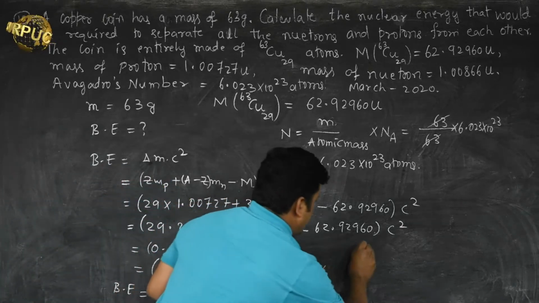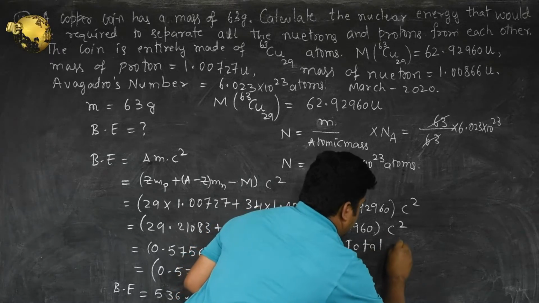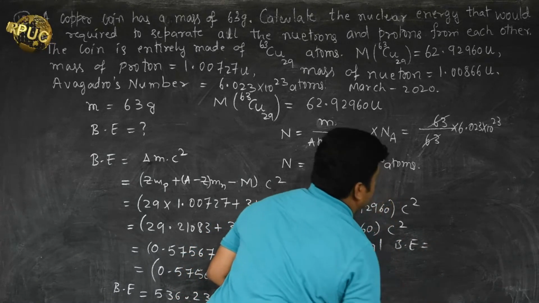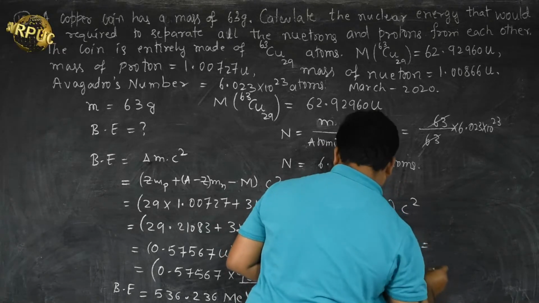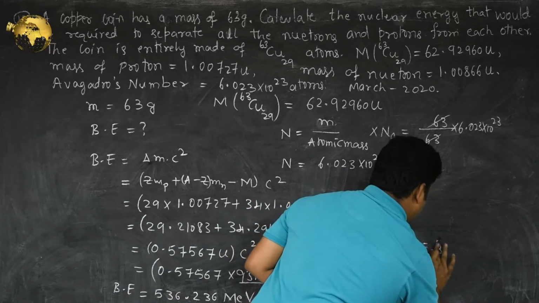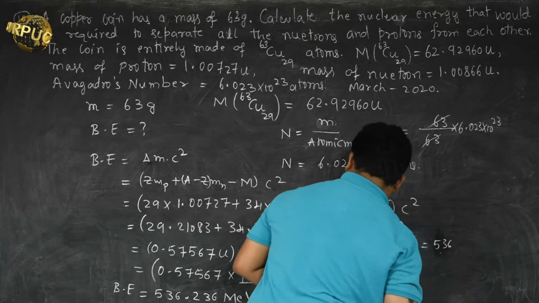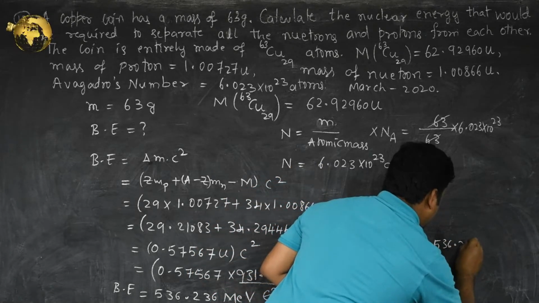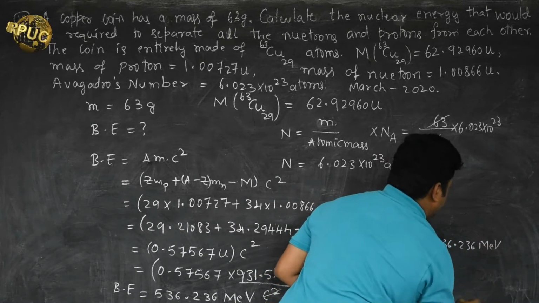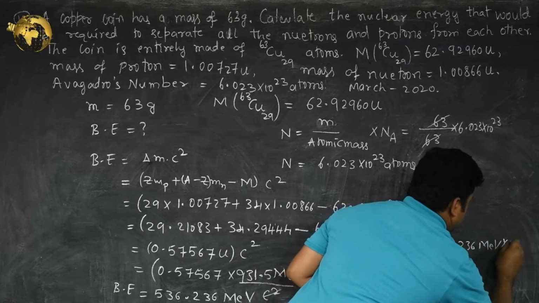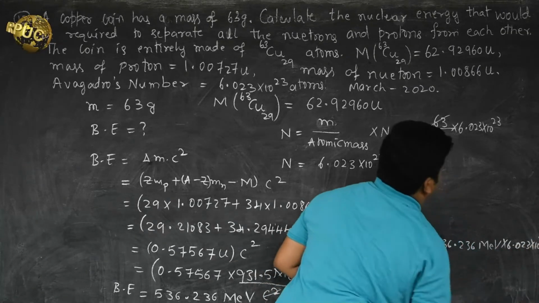I write here, total binding energy is equal to 536.236 mega electron volt into 6.023 into 10 to the power 23.